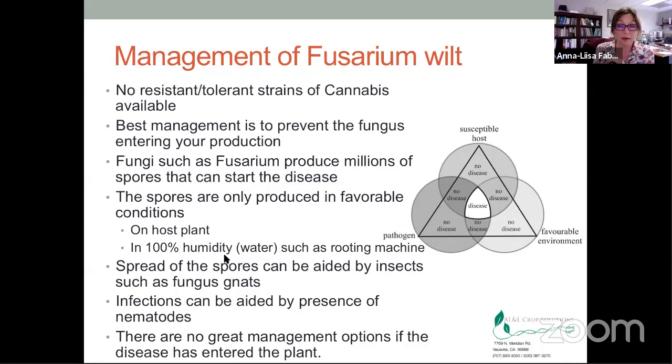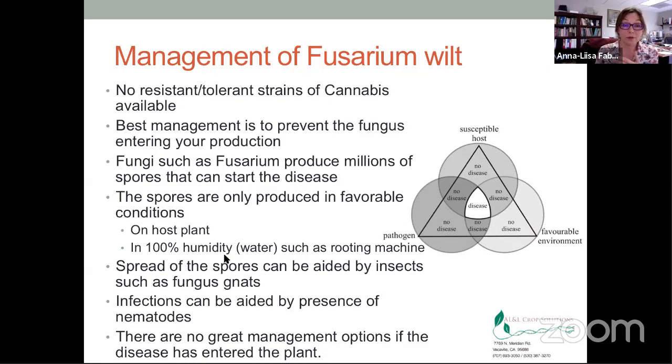We had one client test the rooting water in the rooting machine many years ago, and even after 1 week, the water contained a small amount of Fusarium. After 2 weeks in the rooting machine, there were millions of Fusarium spores in that water, and that basically inoculated every single rooted cutting in that machine.